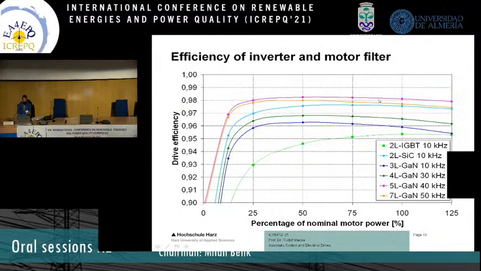The diagram shows the efficiency of the motor as a function of motor power and at nominal motor operation point. At nominal motor operation point, the 2-level inverter with silicon carbide FETs can improve the efficiency by about 2%. This is the light blue curve compared to the light green curve.